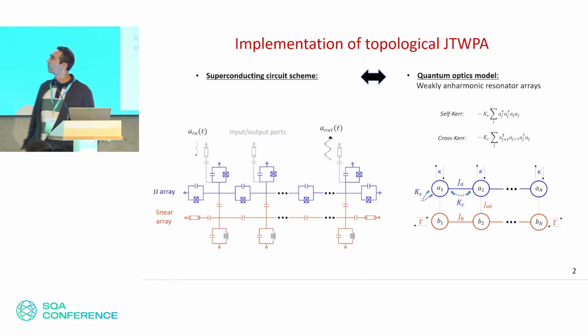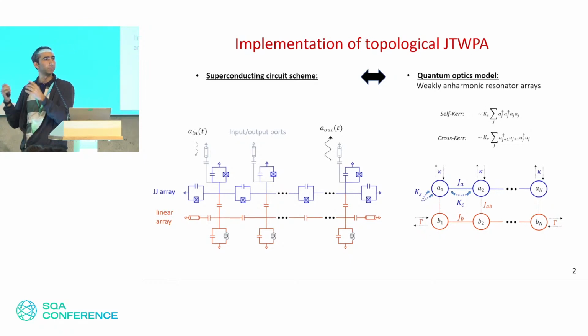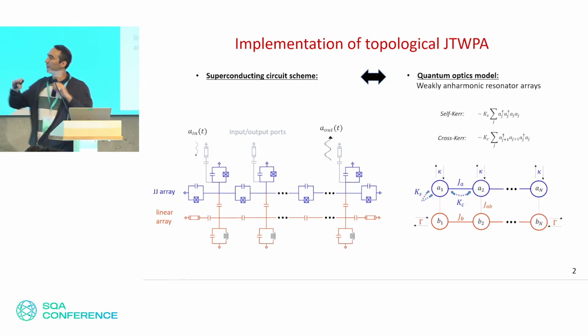Okay, this is how the implementation I want to propose looks. On the left of the screen is the circuit, and on the right I have the equivalent quantum optics model that we implement with this circuit, which is a weakly anharmonic resonator array. It has 3 main ingredients.